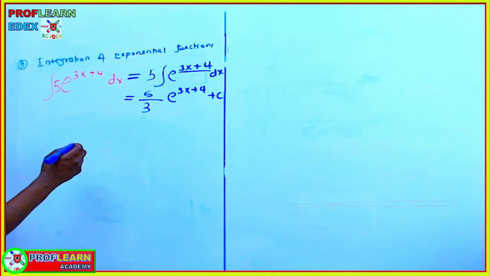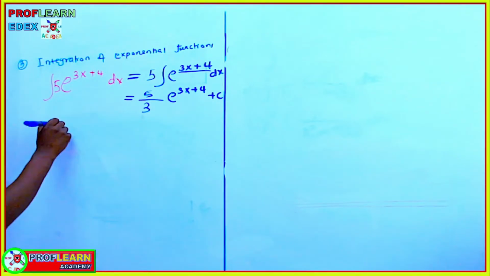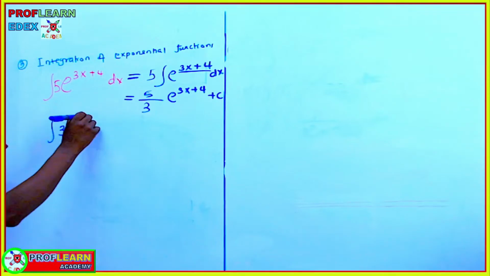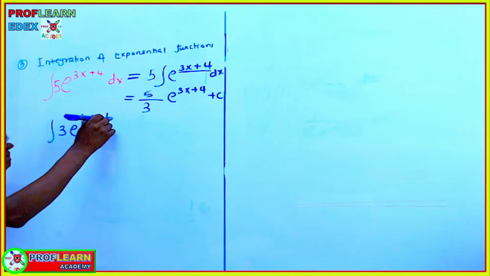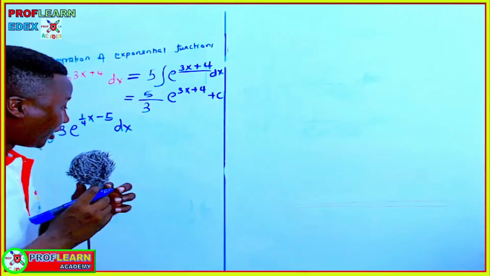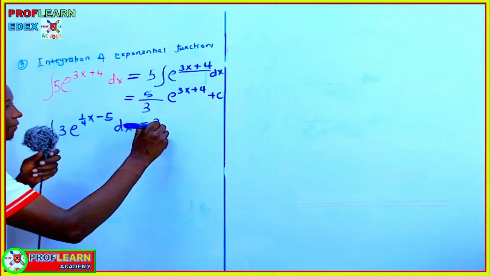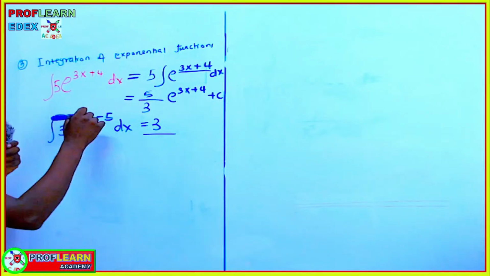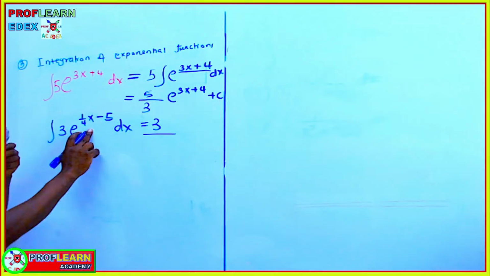So in the event you are given another one that is having maybe 3 e to the 1 over 4x minus 5 with respect to x. When you're integrating exponentials, we are going to take 3, of course, out. If you differentiate this part here, you are going to get 1 over 4.